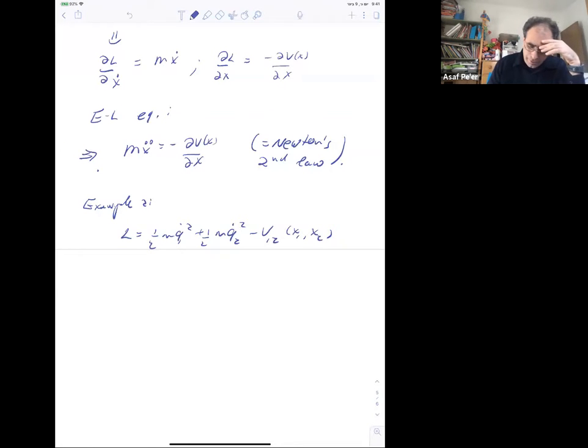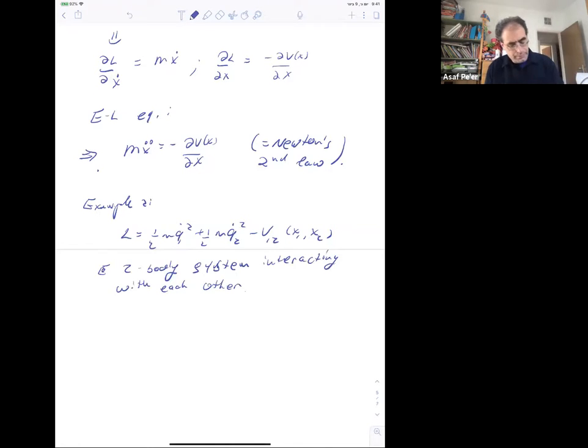So for example, this is a two-body system interacting with each other. And V can be Coulomb, for example.